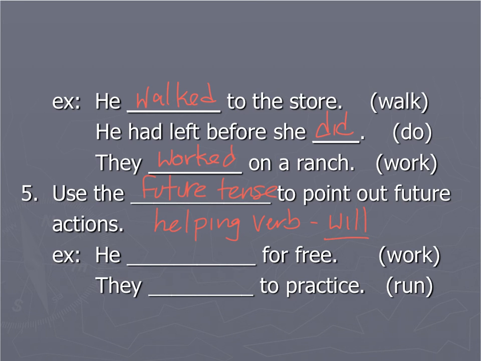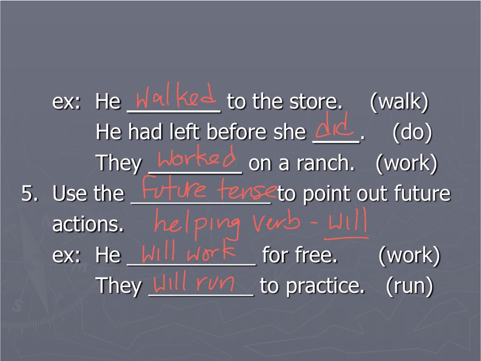So whenever you have a helping verb for the future, if you're ever going to use future tense, you always have to use will. All right? So he will work for free, or they will run to practice. And that's all there is for future tense.